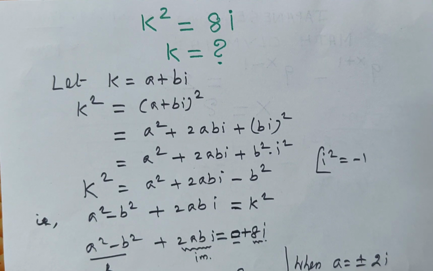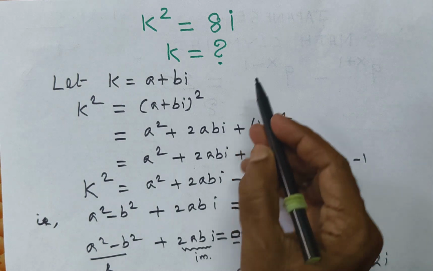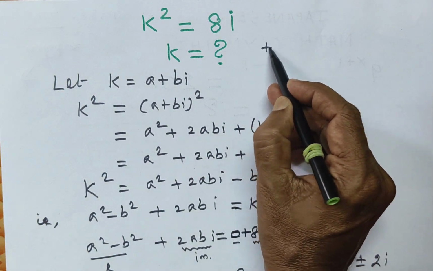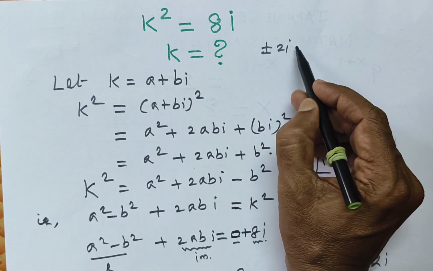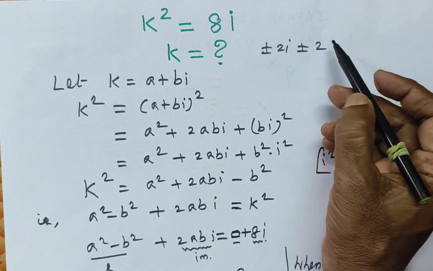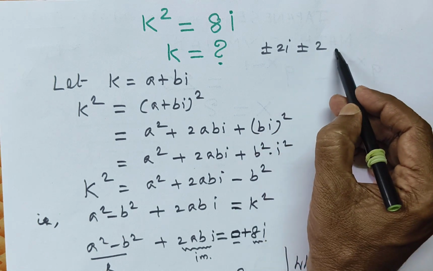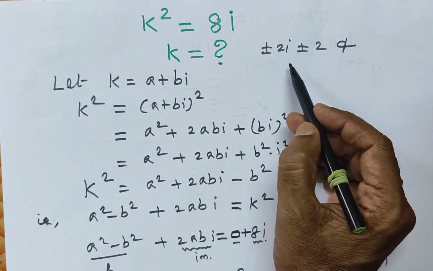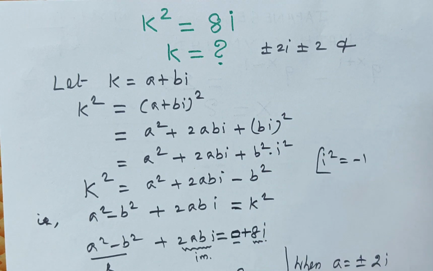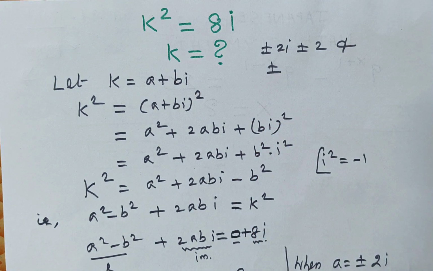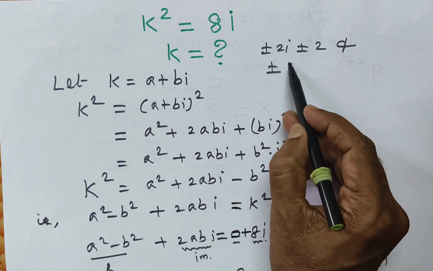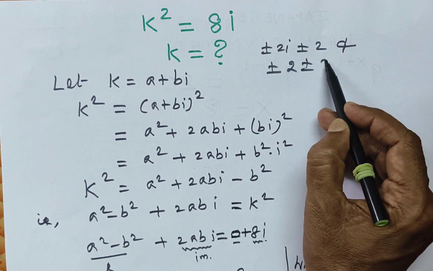That is, the solution is k is equal to plus or minus 2i plus or minus 2 and plus or minus 2 plus or minus 2i.